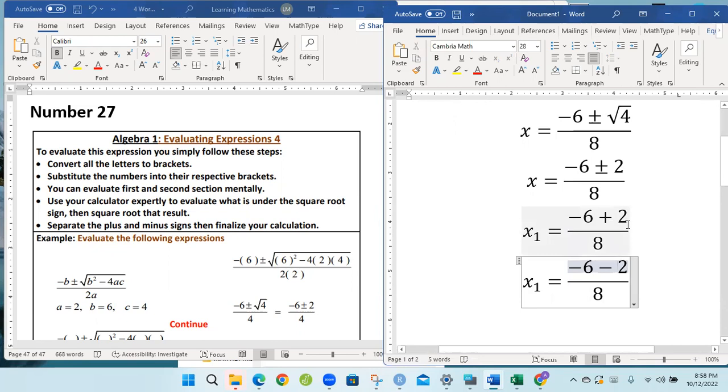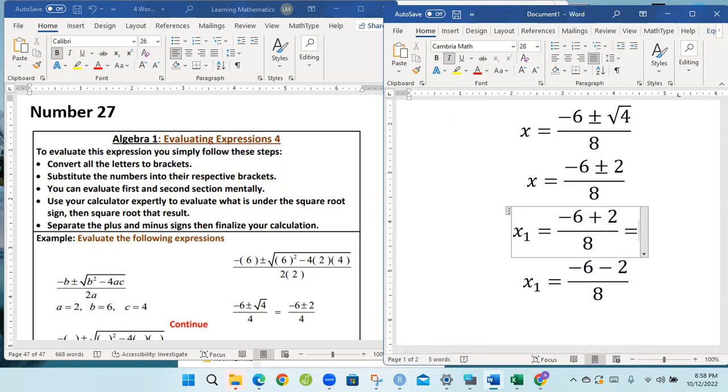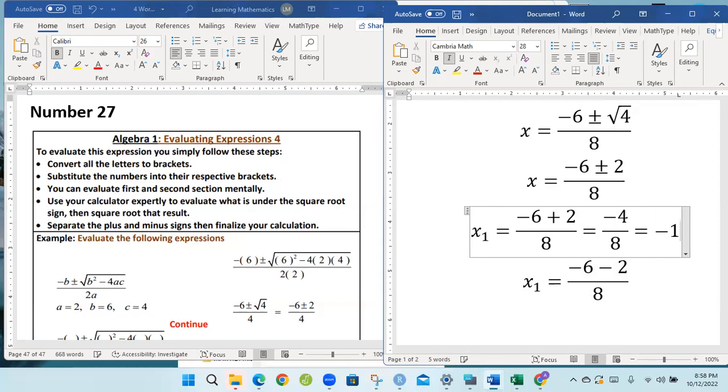Negative 6 plus 2, that's negative 4. So we're going to have negative 4 divided by 8. And negative 4 divided by 8, that's 1 over 2, because 4 into 4 goes once, and 4 into 8 goes 2 times. So that's the first value for x.